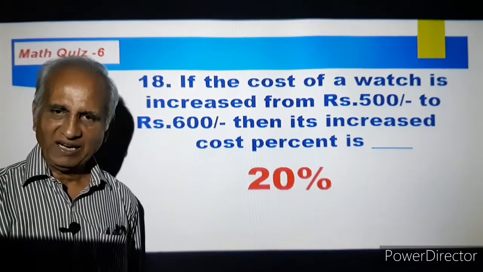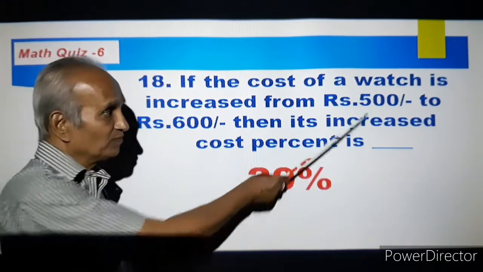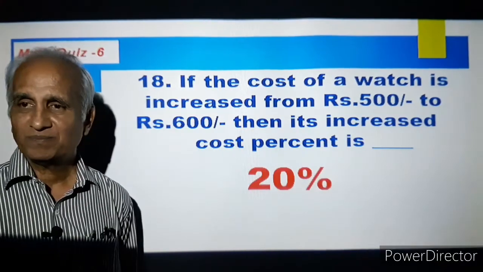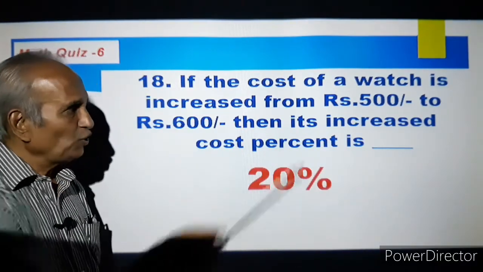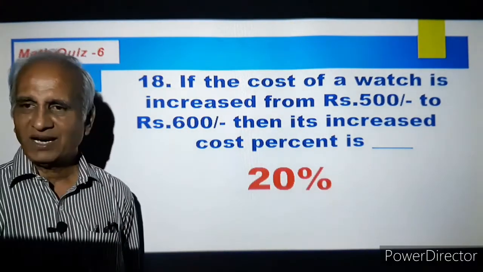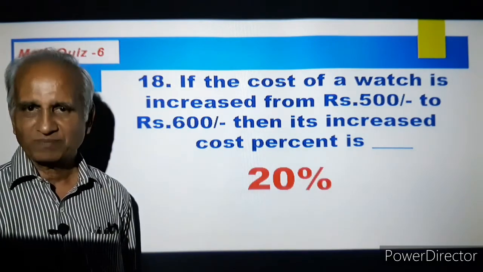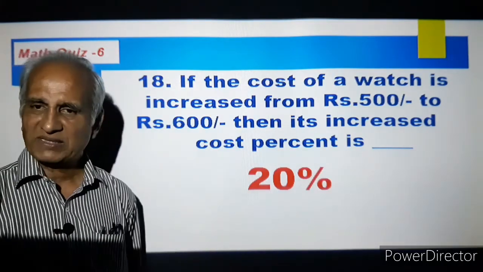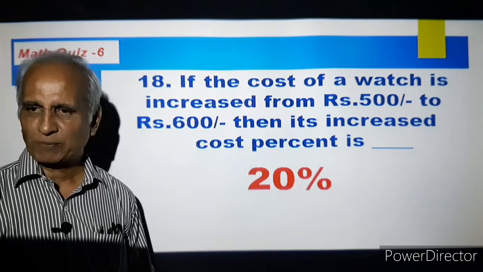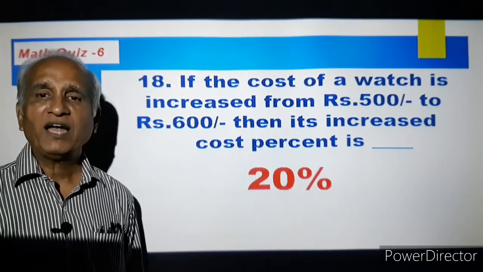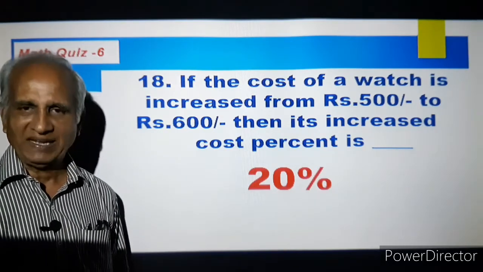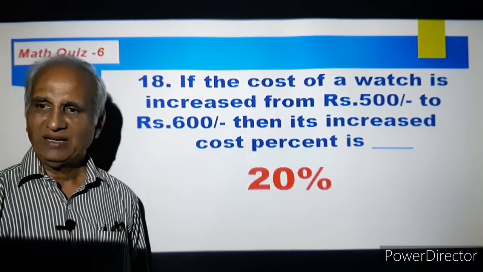Rupees 100 over 500. So what is the percentage now? 100 over 500 is 1/5 or 20%. If you express it as a part of 100, it is 20. So the answer is 20%.